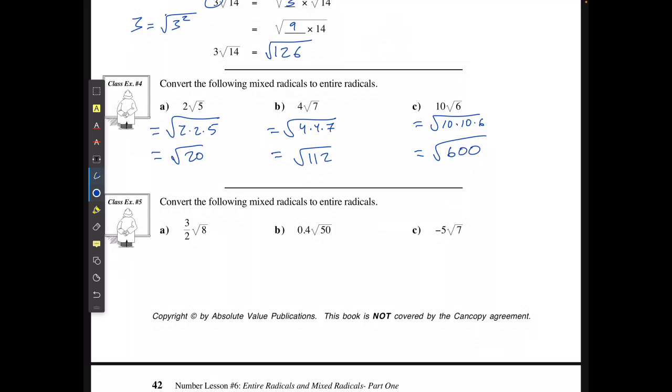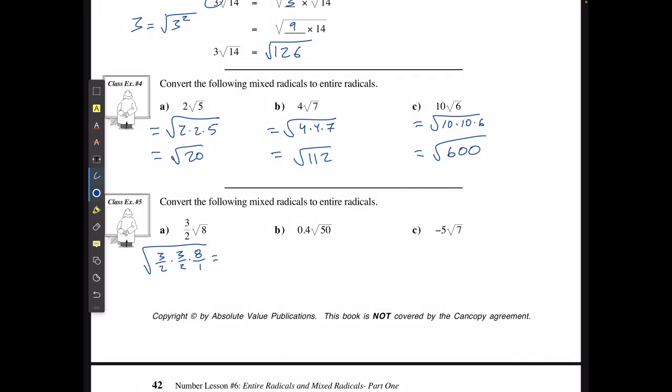If I'm doing the same with fractions, then I'm just going to multiply the numerator and the denominator, which means that this would be the same as the square root of 3 over 2 times 3 over 2 times 8, which is the same as 8 over 1. And then I just multiply straight across the numerator and straight across the denominator.